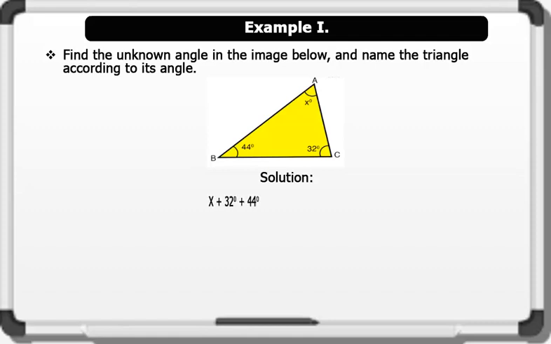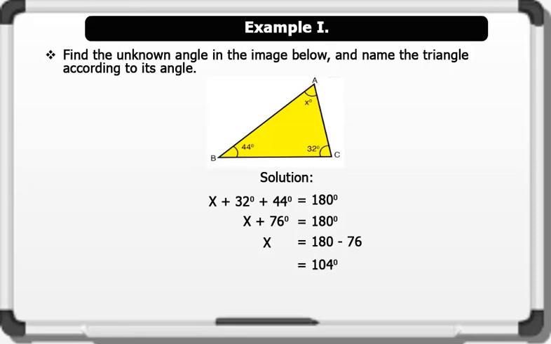Therefore, x plus 32 plus 44 equals 180 degrees. Adding up, we have x plus 76 equals 180 degrees. To find x, we subtract 76 from 180. This gives us 104 degrees.